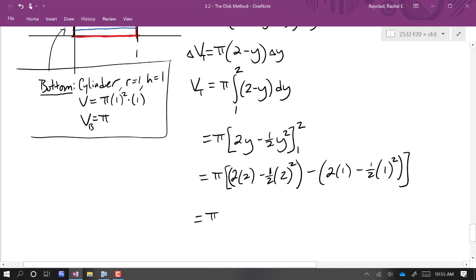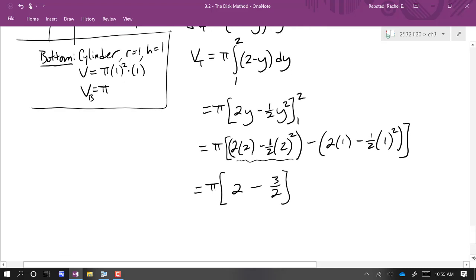If you evaluate these expressions, simplifying the numerical expressions, this first one is 2 minus 1/2, which is 3/2. And so we've got pi over 2. So that's the volume of the top part.